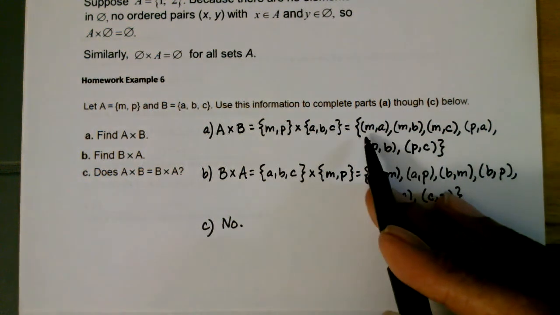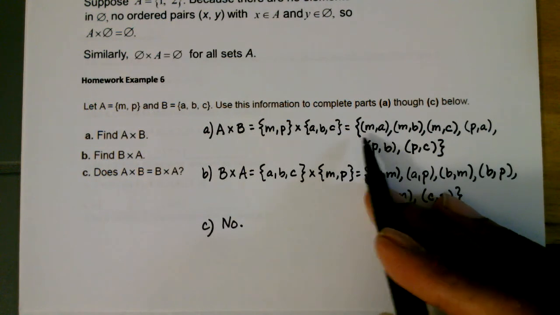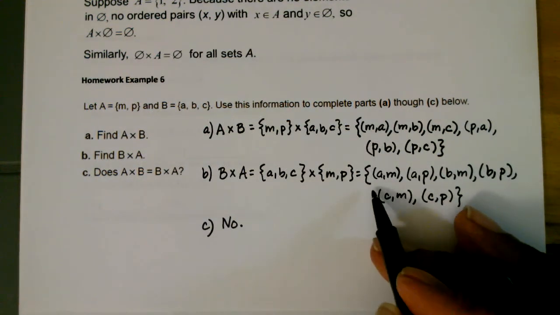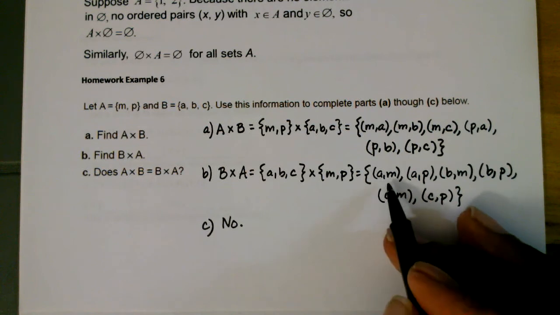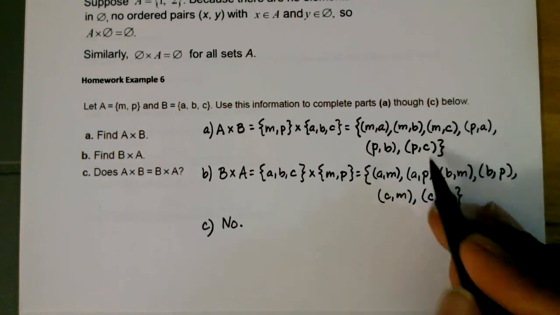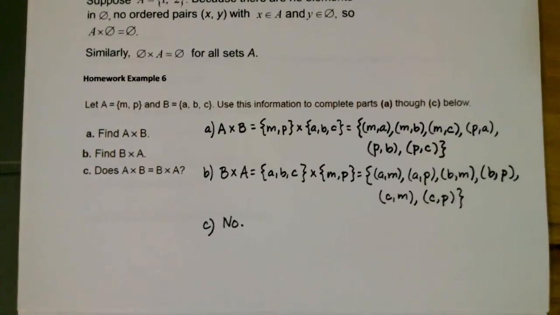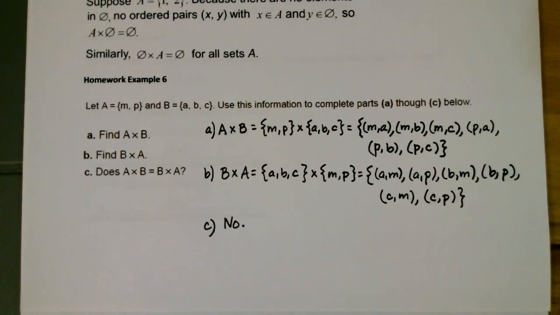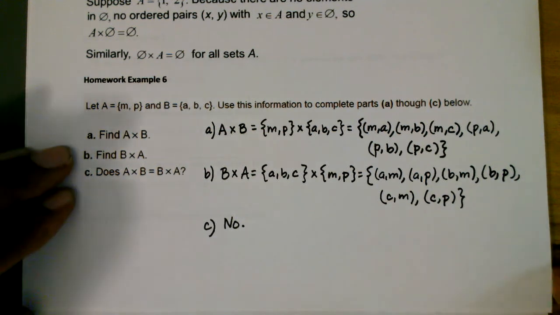When you did A cross B, you had MA, and then for B cross A, it was AM. So those pairs are reversed. So that's homework example number 6.